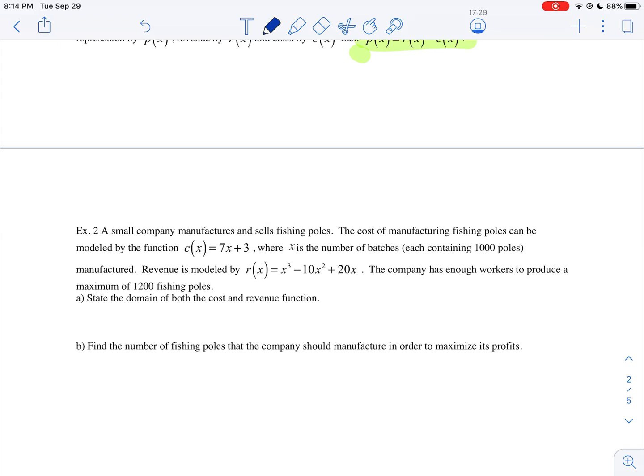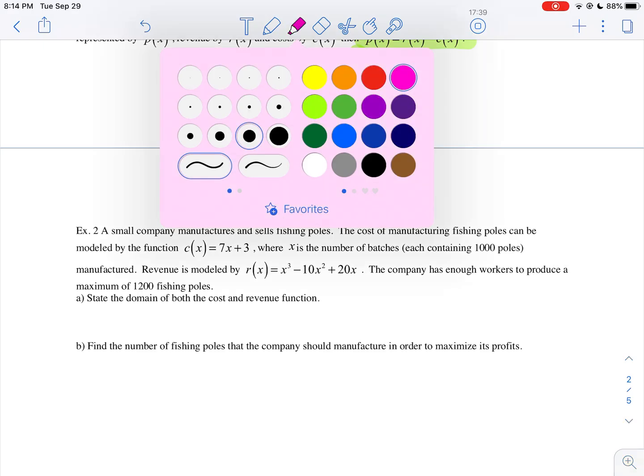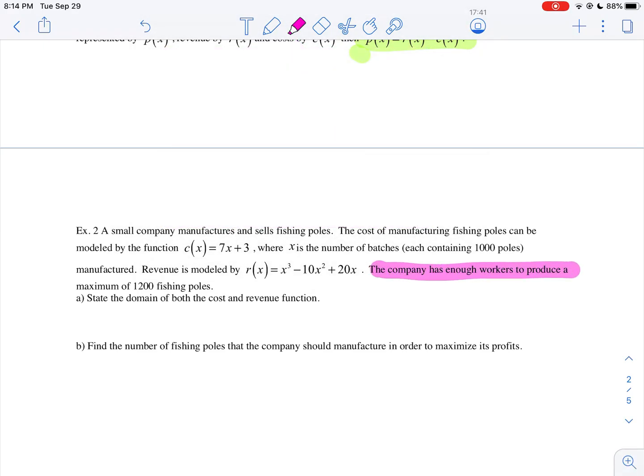All right, the company can produce a maximum. Okay, so let's take a look here. It says the company has enough workers to produce 1,200 fishing poles. So for my domain, you know you have to do more than one.